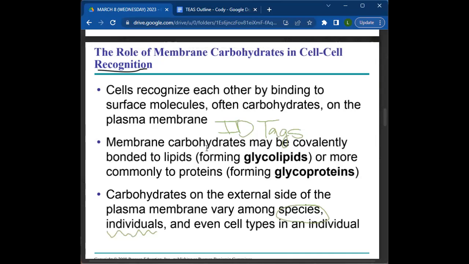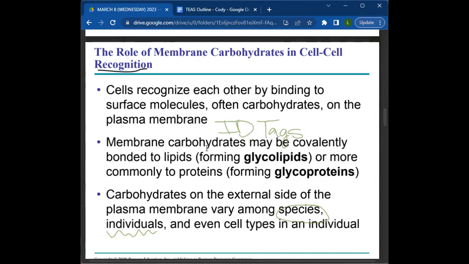Okay, close enough. And it won't reject the organ. But the more differences there are, the more easily your immune system is going to recognize it and go, oh, whoa, hold up, who is this? You don't belong here. And so then it would start to attack that foreign organ and reject the organ.